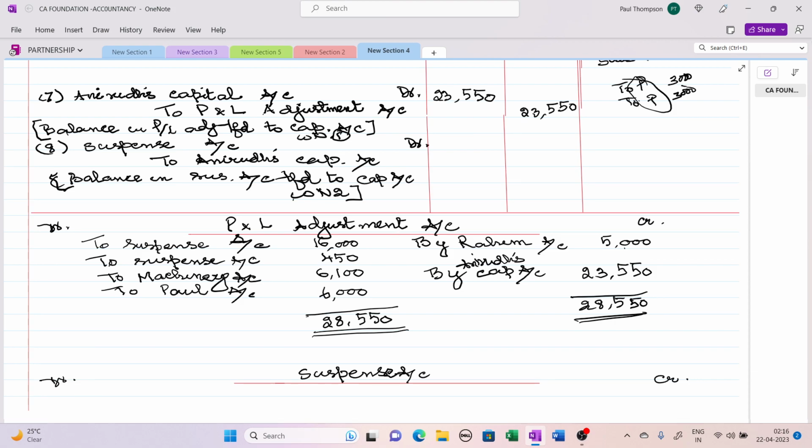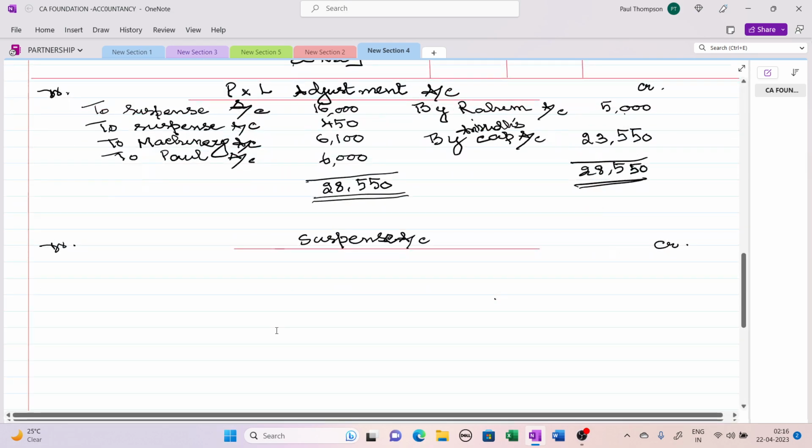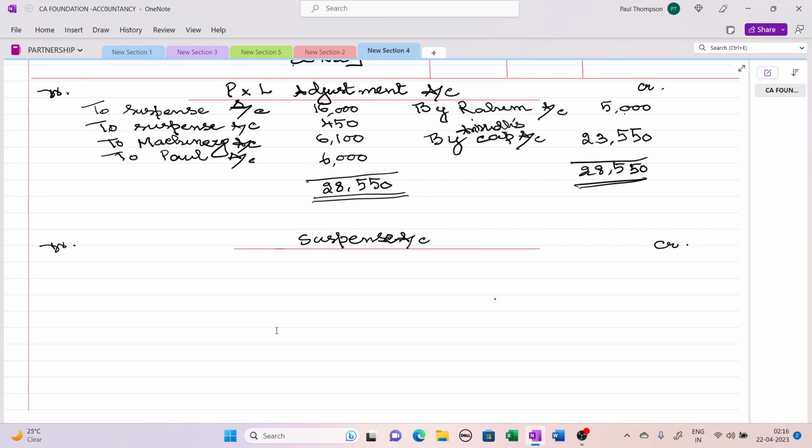Now we have to close the suspense account. Suspense account we got 16,000. The figure is 16,000 by PL adjustment account, 16,000.